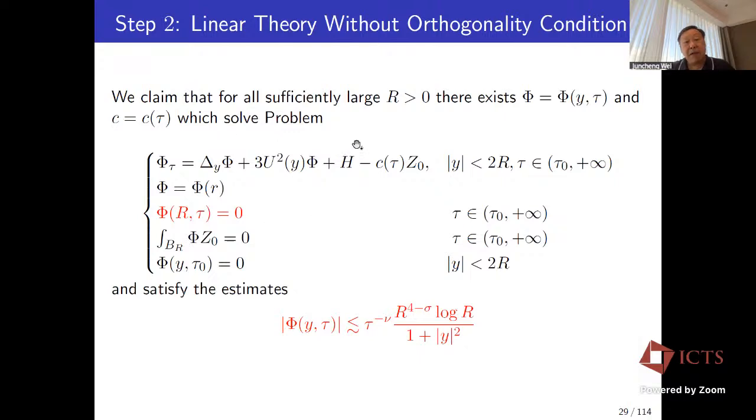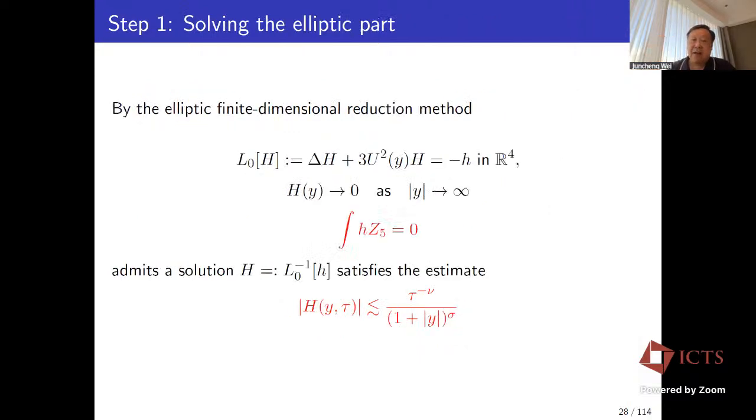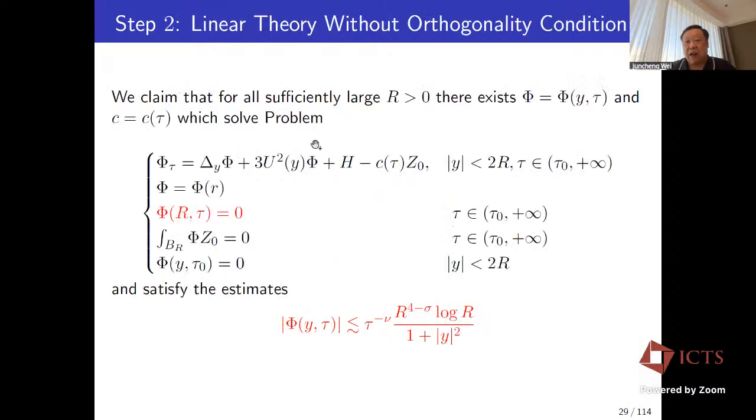So let me repeat. H is the solution from the elliptic problem. We take this new solution, and now we solve the linear parabolic problem with this.